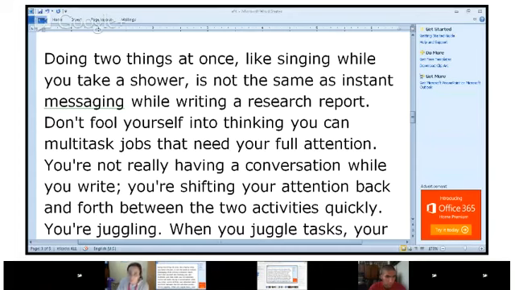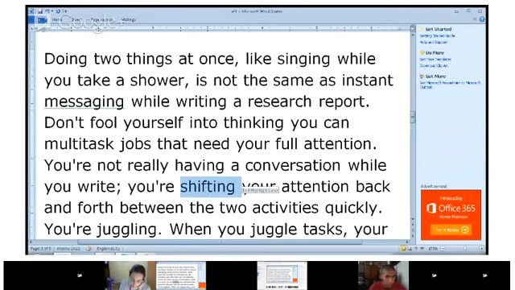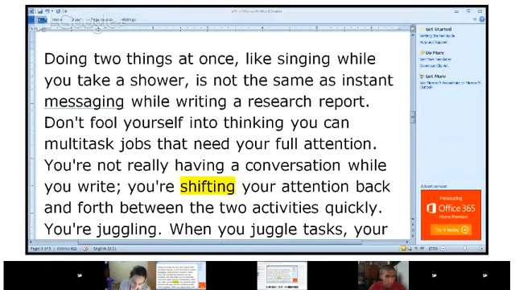Shifting, yeah, good, changing. Shifting is changing. To shift means to move from here over to here. So what you're doing, if you're juggling, according to Gina, is shifting your attention from here over to here, back and forth.